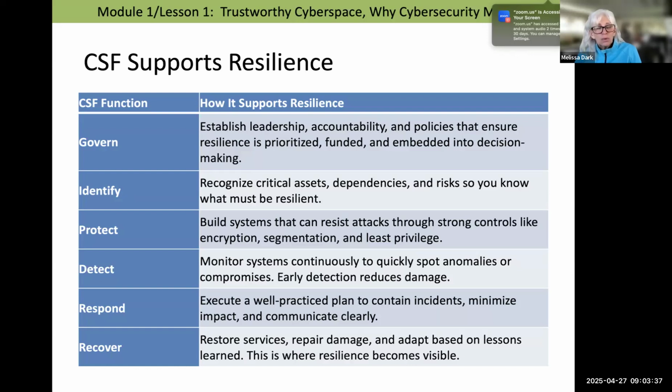And so when you identify, protect, detect, respond, recover, and you really think about it holistically, then you're able to support resilience, not just for your own organization, but for your partners, your stakeholders, your vendors, your suppliers, and to help make the entire ecosystem, hopefully, a little more resilient.